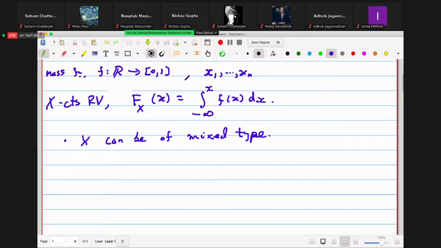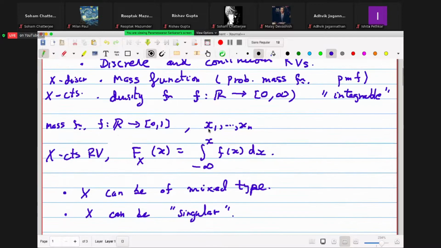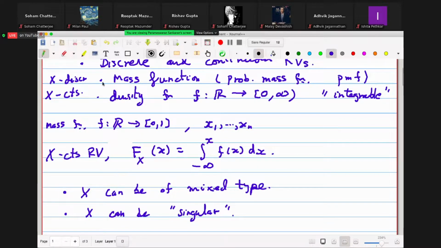We have not done examples; we will do examples in a minute. Besides these, I also talked about how X can be singular, and I don't want to expand on this. This is a random variable which is neither discrete nor continuous.